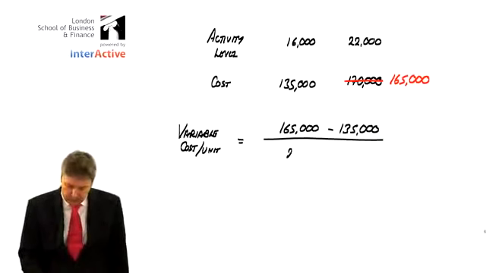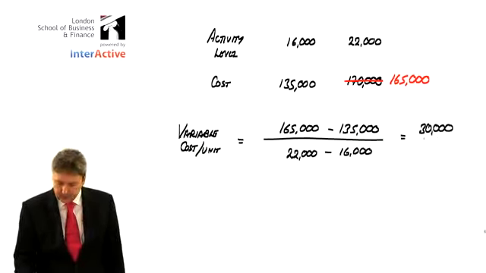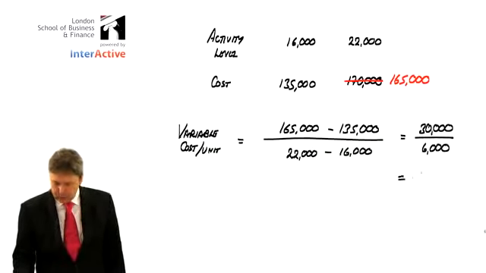And we divide through by the difference in the levels of activity. So we get 30,000 divided through by 6,000. Ooh, not too bad. We end up with $5 per unit.